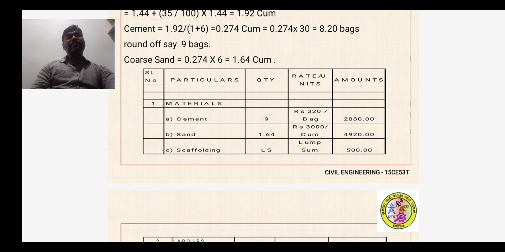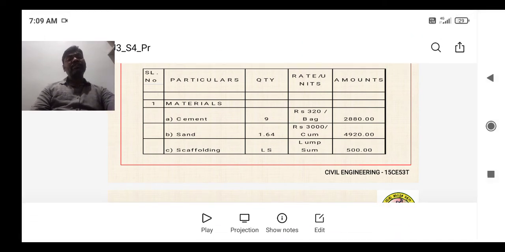Sand 1.64 cubic meter, total quantity for 100 square meter, present rate is 3000 rupees per cubic meter, multiply 1.64 into 3000, getting 4920 rupees. Scaffolding lump sum 500 rupees.